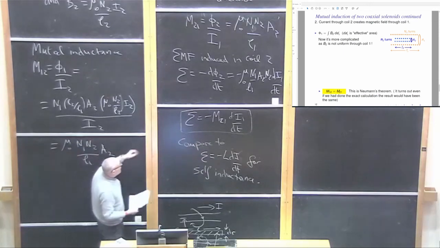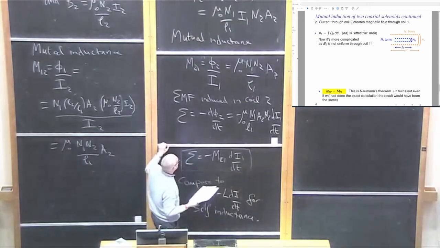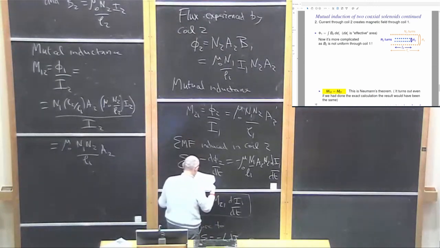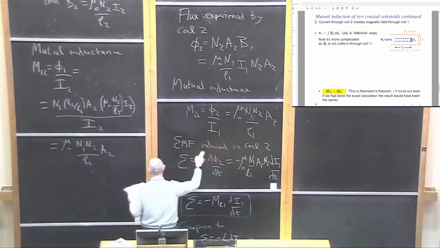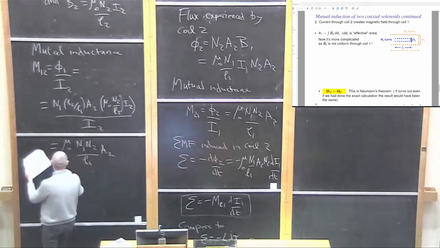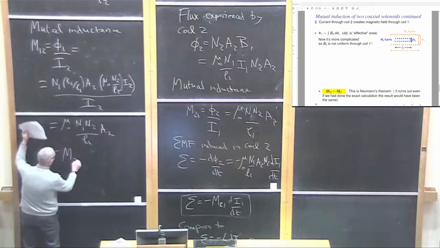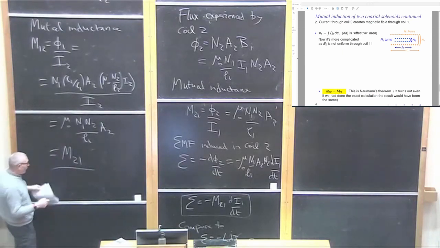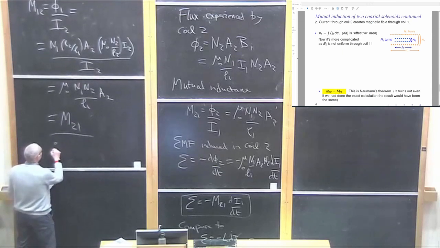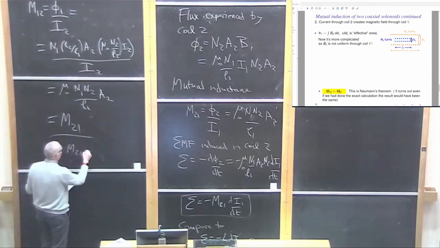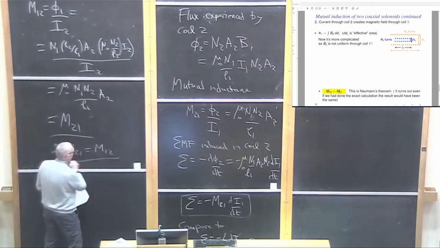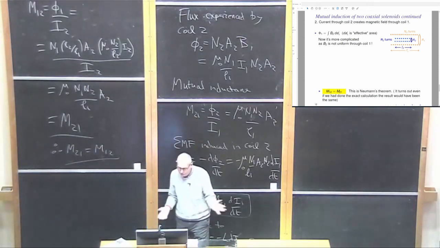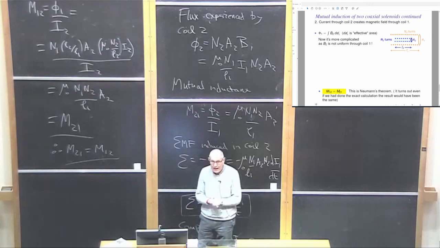Which I think is that. Right, it's the same. Miracles will happen. M21, yes. So, therefore, for this case, M21 is M12. Now, again, we didn't do this properly. It's called Neumann's theorem.